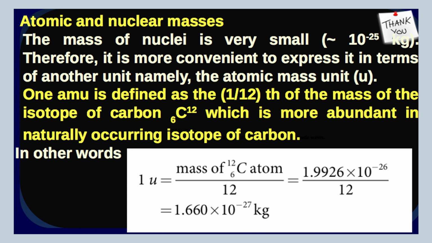Now let us move to some properties of the nucleus. But before going to the detailed properties of the nucleus, we must know about one unit that is basically used in nuclear physics, that is the atomic mass unit.